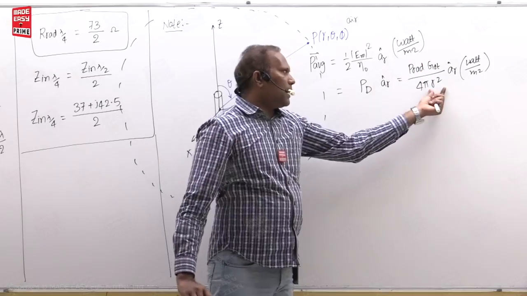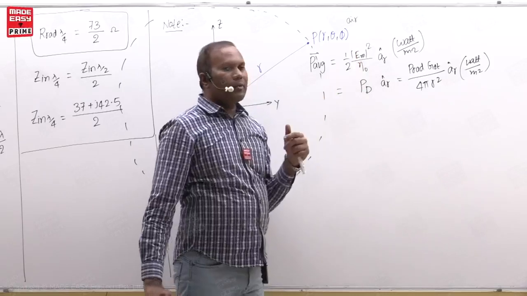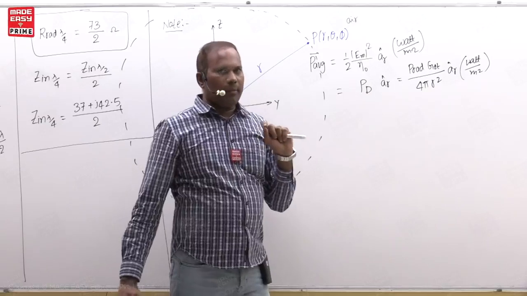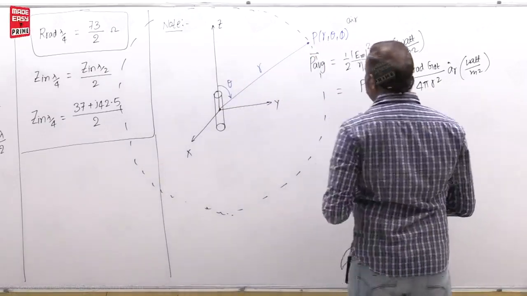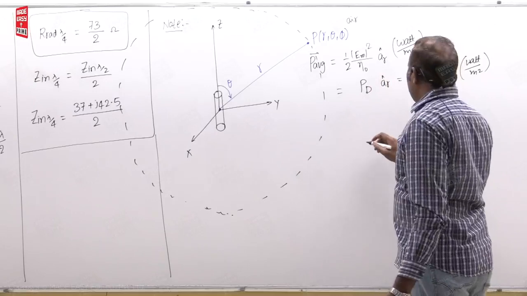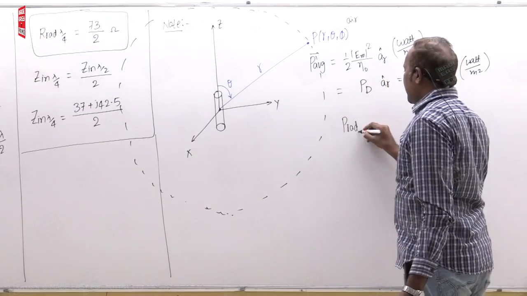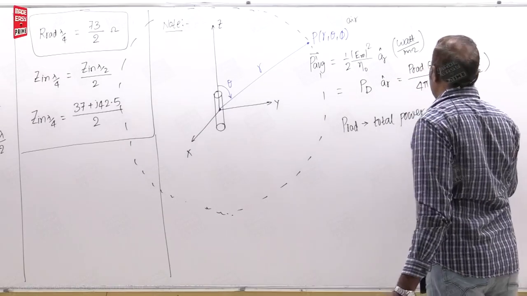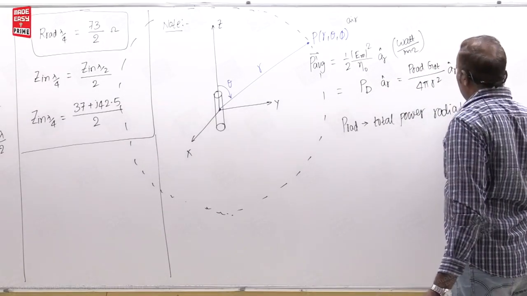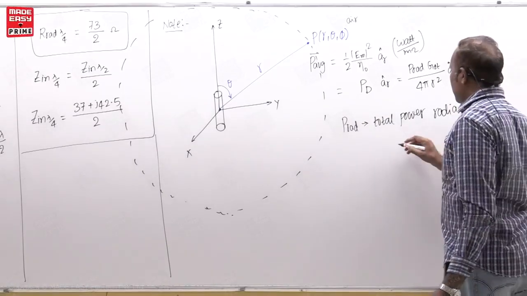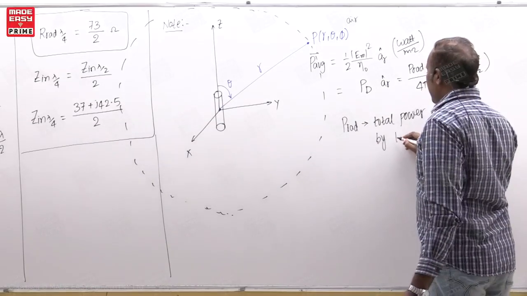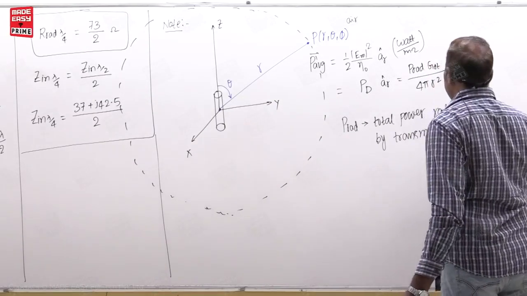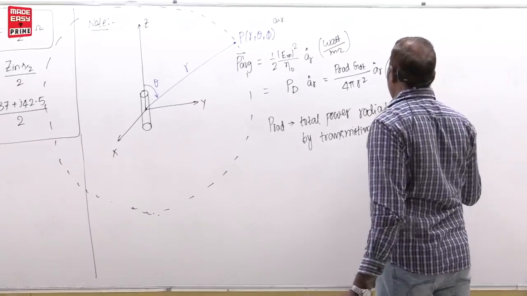In this electric field, you have seen earlier, far field electric field has a 1 by R term. So here, P radiated is the total power radiated by the transmitting antenna.